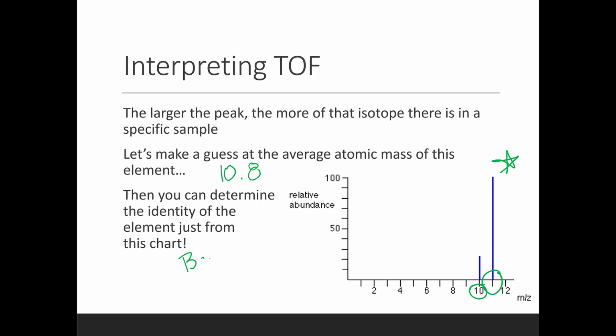Boron has a mass on the periodic table of 10.812 AMU. So it seems like we have boron here. We have that big peak near 11 AMU and a smaller peak near 10. So we can use time of flight to look at the relative abundances of certain isotopes, and we can even determine the identity of different elements based on these charts.